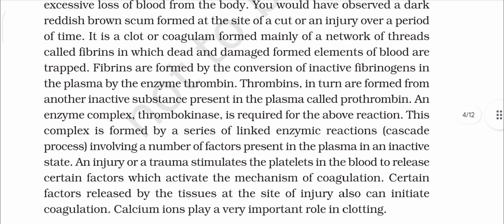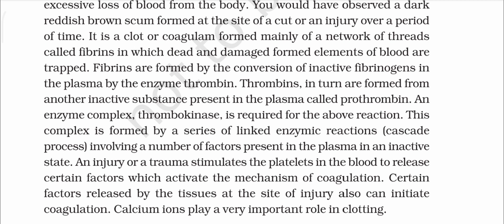Fibrin is formed by conversion of inactive fibrinogen in the plasma by the enzyme thrombin. Thrombin, in turn, is formed from another inactive substance present in the plasma called prothrombin. An enzyme complex, thrombokinase, is required for the above reaction.